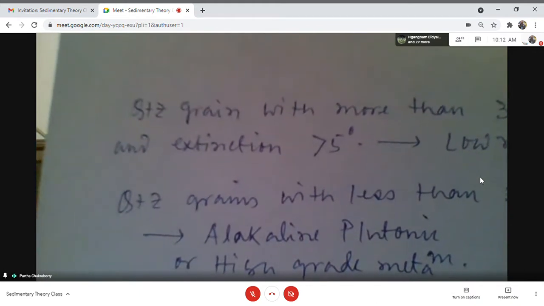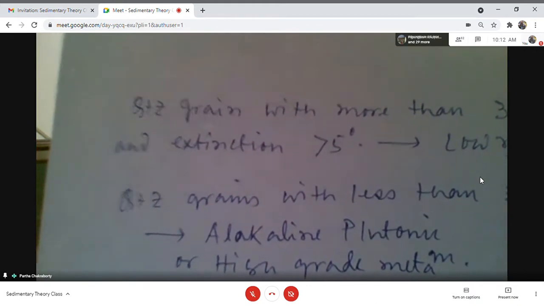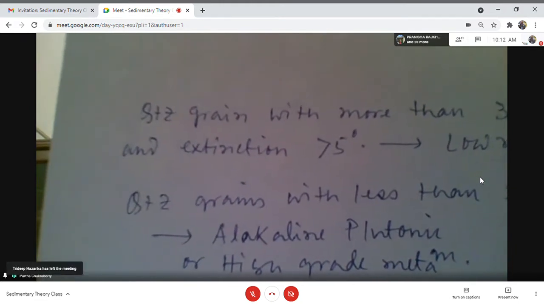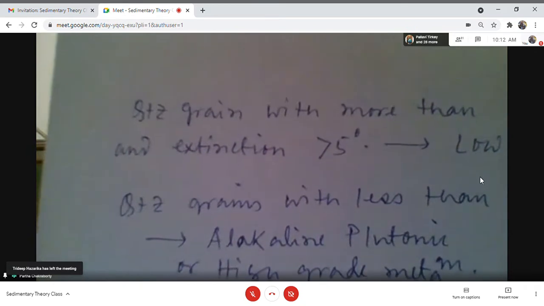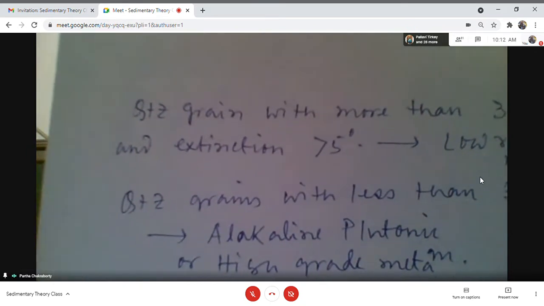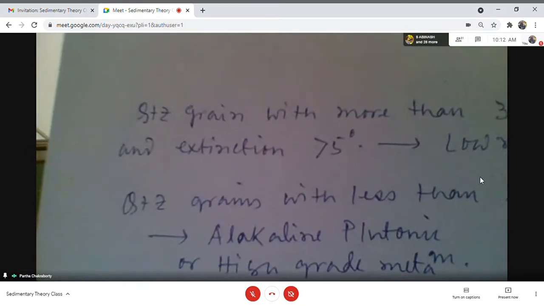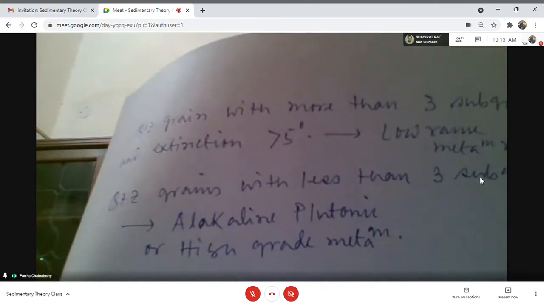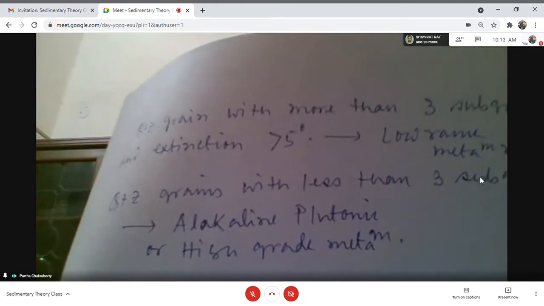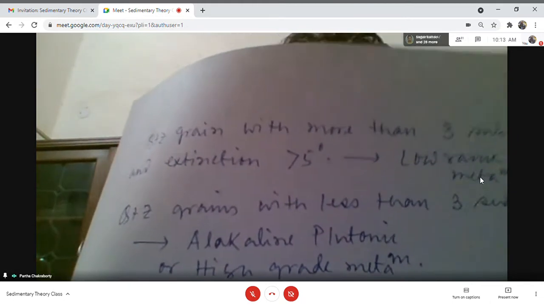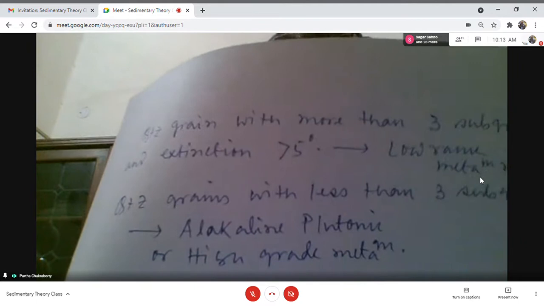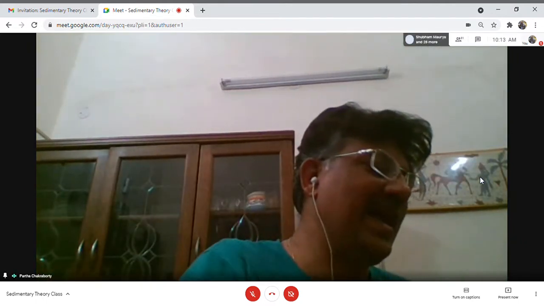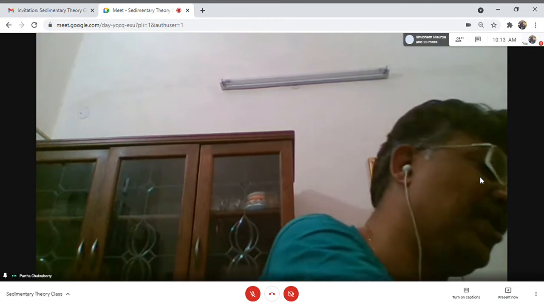This is an empirical relationship. They took samples from several hundreds and thousands of localities and watched them under the microscope, and they found that if you have more than 3 subgrains and the extinction angle more than 5 degrees, it is derived from low rank metamorphic rock. Or if you have less than 3 subgrains, then it is alkaline plutonic rock or high grade metamorphic rock.